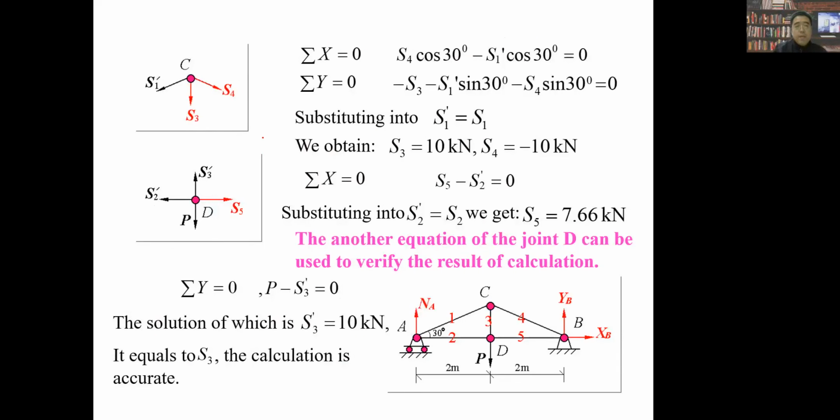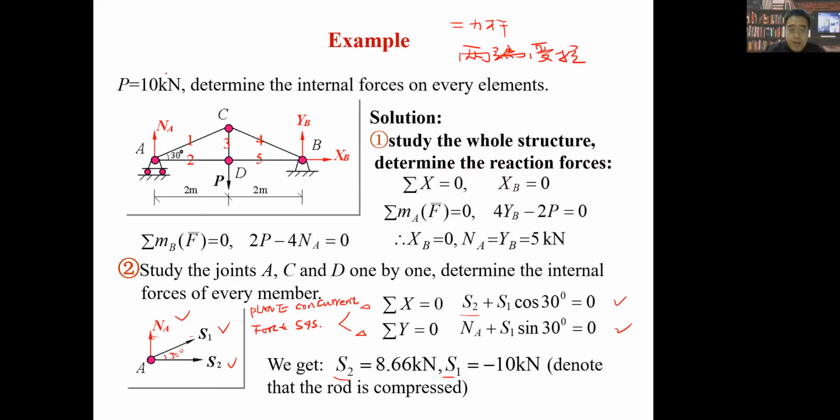Let's move on. This time, we will select point C or joint C as the object to start with. If we denote this F1 prime, because we have S1 equal to minus 10 kilonewtons. It's fine. Don't worry about this sign. You just use the sign and the value together. If S1 equals minus 10 kilonewtons, it means this member 1 is not stretched at the 2 points.